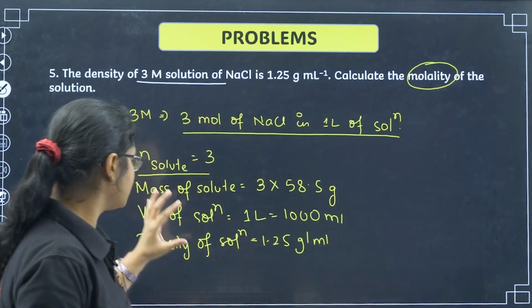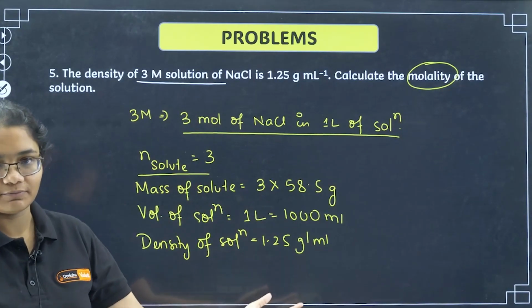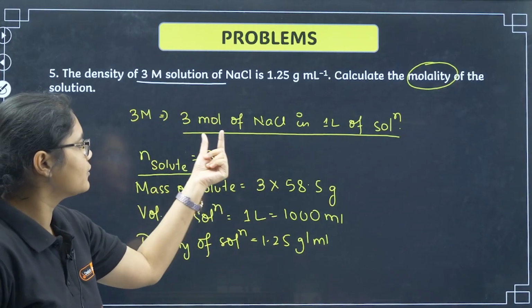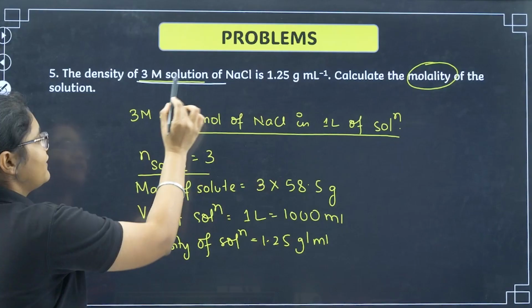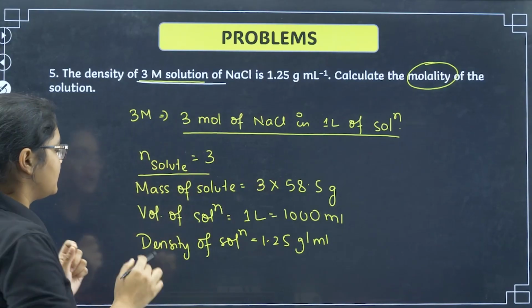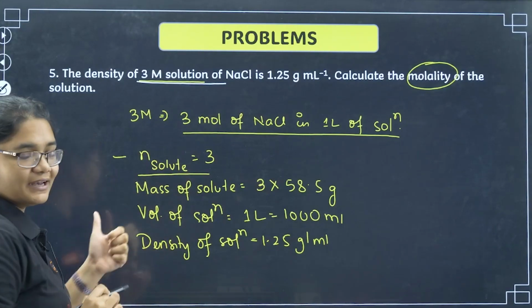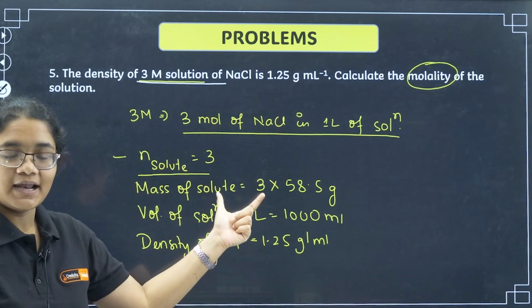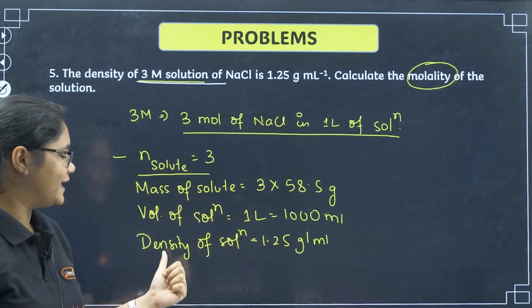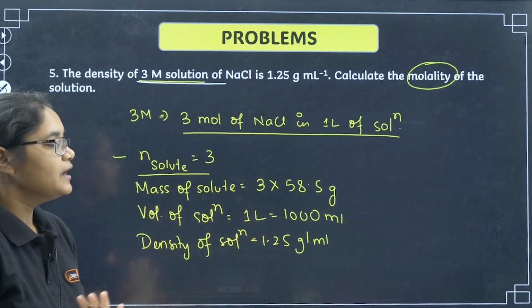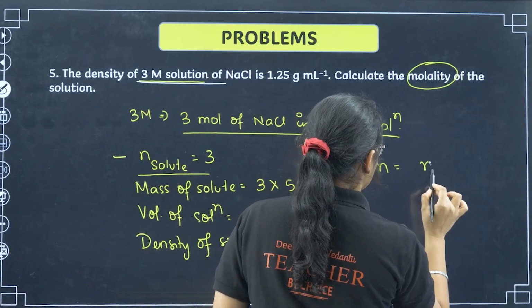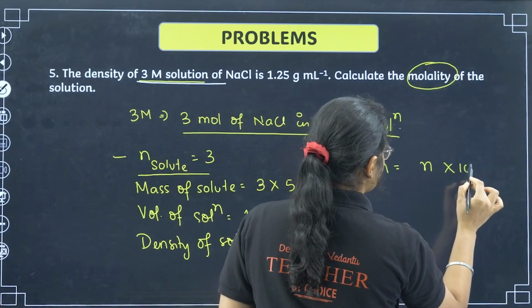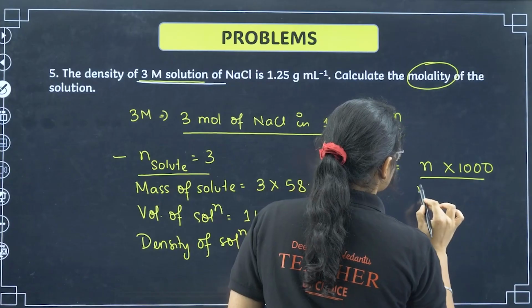These are the hidden given information. From this one line, 3 molar solution of NaCl, we have found the number of moles of NaCl, mass of NaCl, the volume of the solution, and density is also given to us. Now what is the question asked? Molality. How to calculate molality? Number of moles of the solute into 1000 by mass of the solvent.